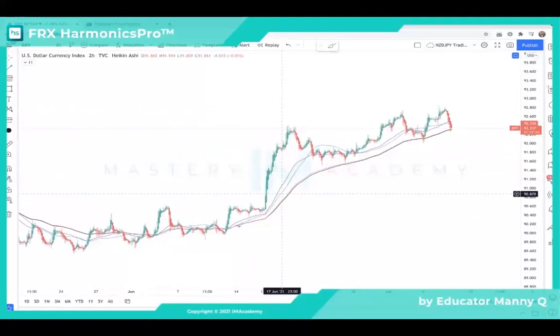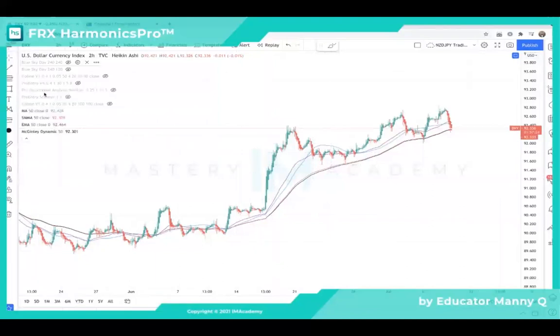And you'll notice that depending on which moving average you use, it really depends on the time frame that you're working on. So let's say I want to look at a moving average and I want to use an EMA, I know EMAs are very popular, or let's use an SMA, a smooth moving average.